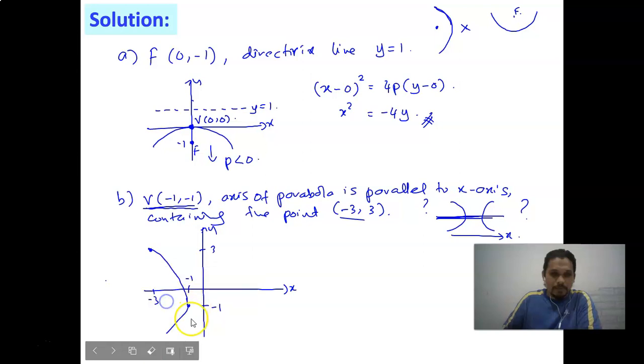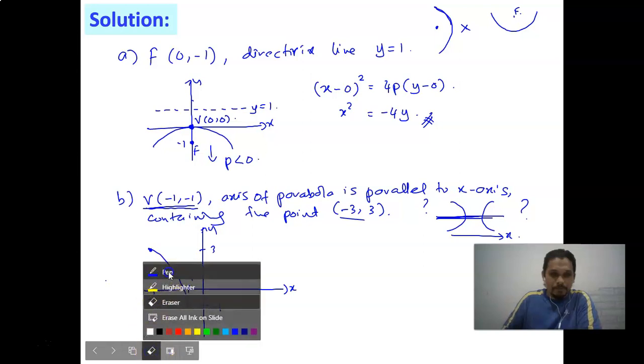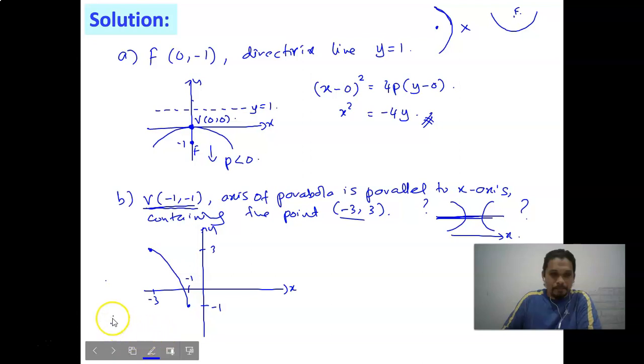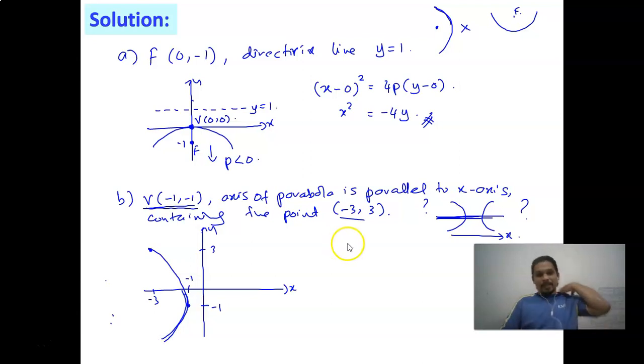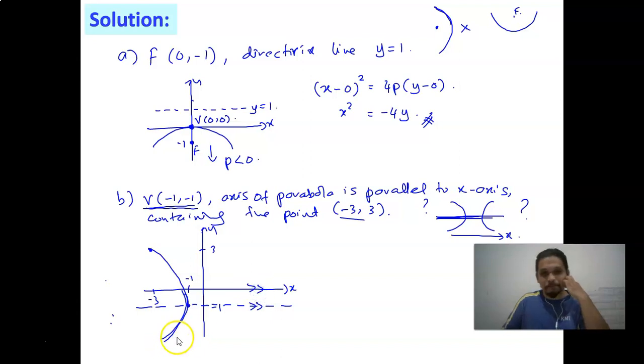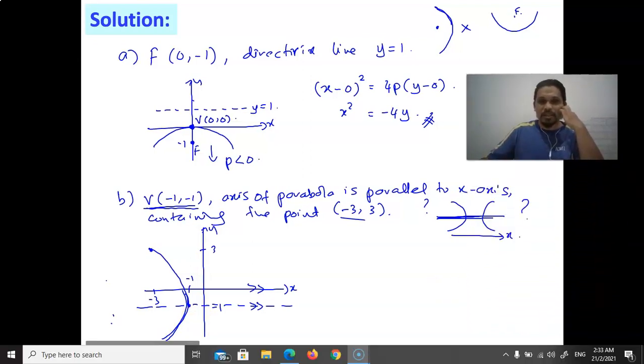Okay, this is the parabola. Never mind. So now the vertex here is negative 1 and negative 1. This is the symmetrical line of the parabola, and this symmetrical line is parallel to the x-axis. So now we are going to find the equation of this.